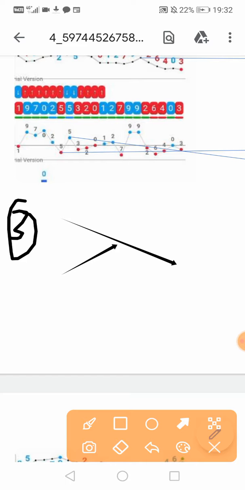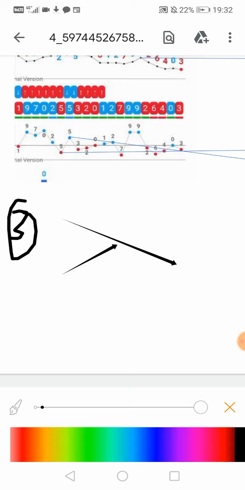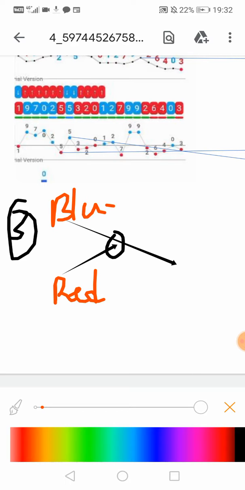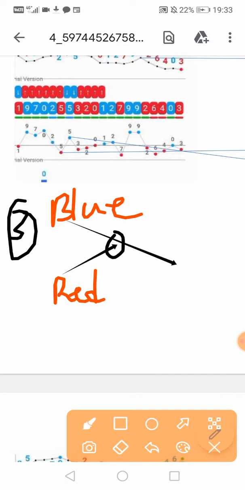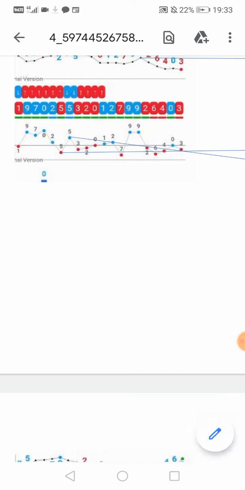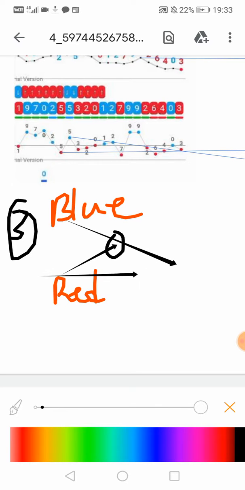These are the blues, the blues are descending, and the red are ascending. But you notice that as the red are ascending, when they reach this point, they go down, as you are seeing here.